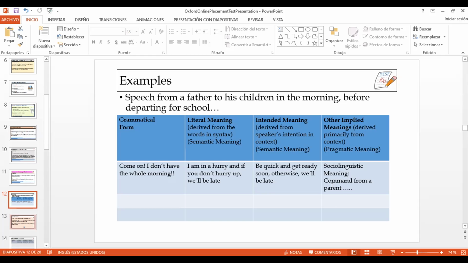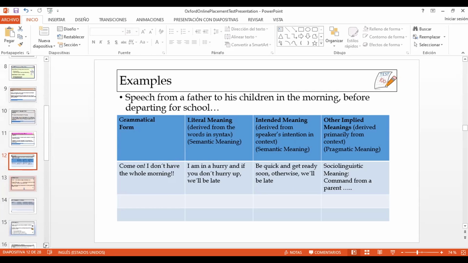Therefore, in some languages, people try not to be so harsh, not to give orders, not dar órdenes, but try to invite in some way. So from the grammatical form to this meaning in pragmatics, we have a way to go and some ideas to analyze. And that is something we will be doing every week.